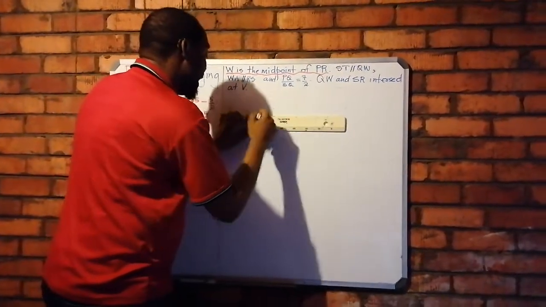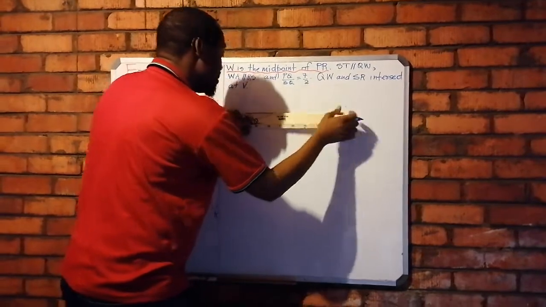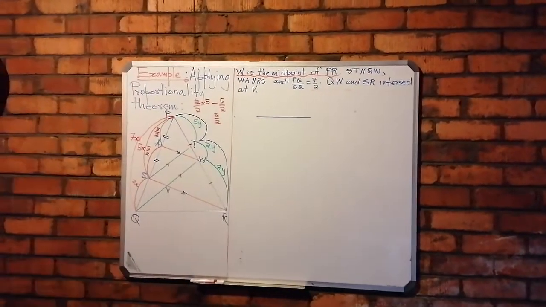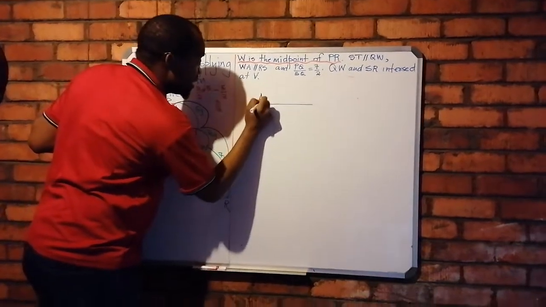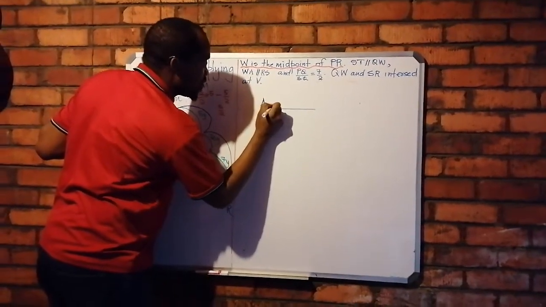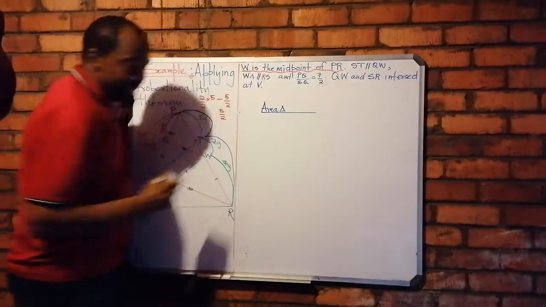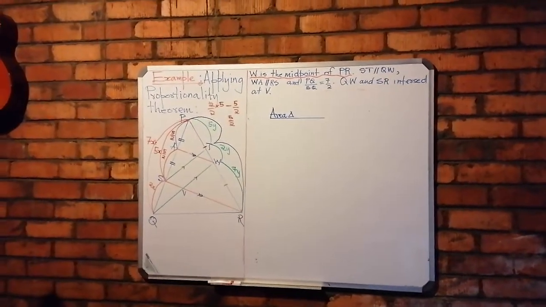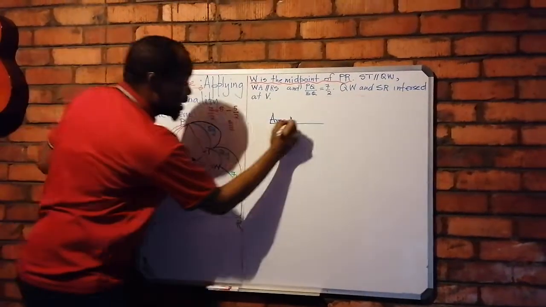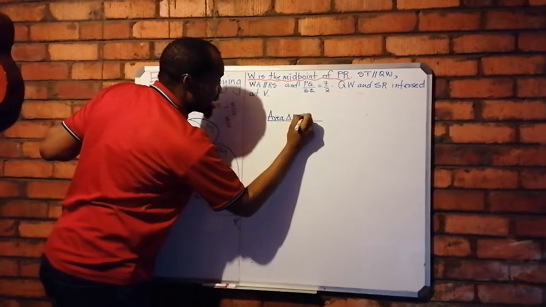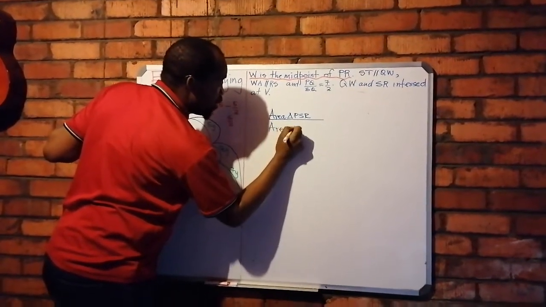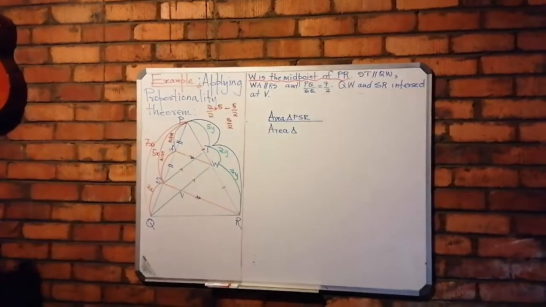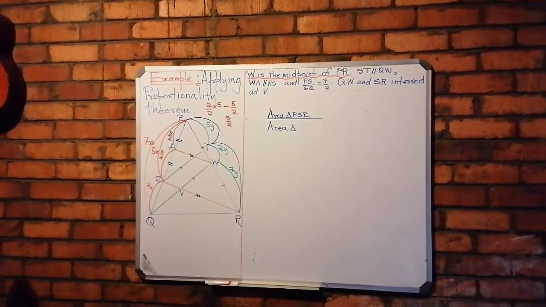That question is, determine the ratio of area of triangle PSR divided by area of triangle, let's see, WVR.